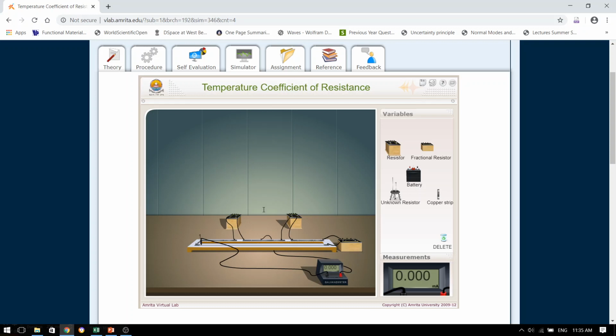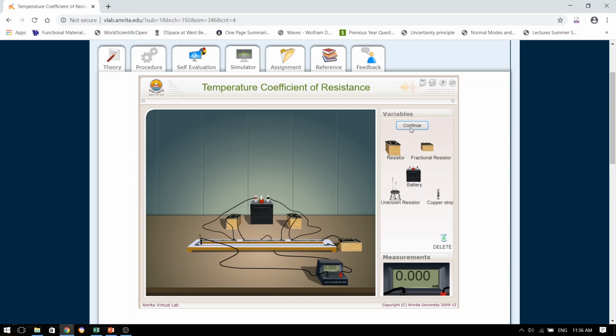Alright. So with these already put in the circuit, we have to now apply the battery. Otherwise, the entire setup will not be complete. So I take the battery and then I complete the circuit. And now our circuit is complete. The moment you see this continue button over here, you know that your circuit has been completed.